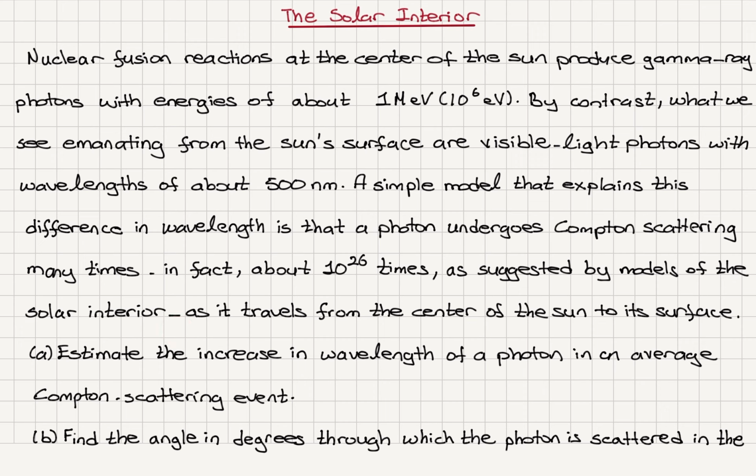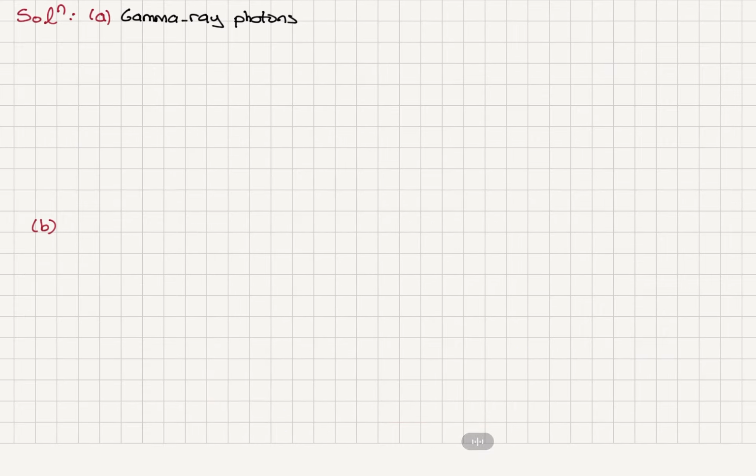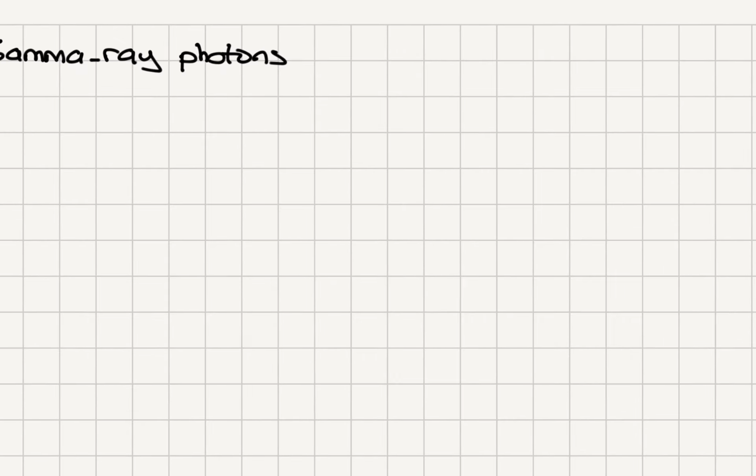Part A. Estimate the increase in wavelength of a photon in an average Compton scattering event. Okay, so the energy of gamma ray photons is given as E equal to 1 megaelectronvolt.